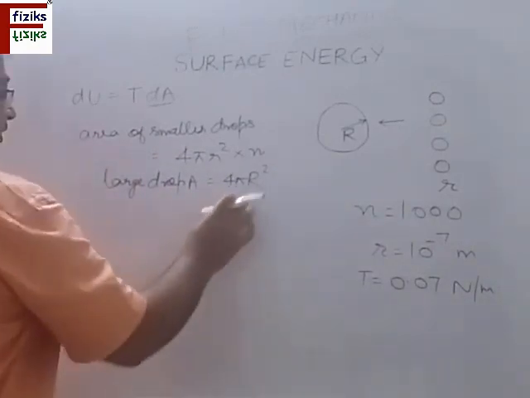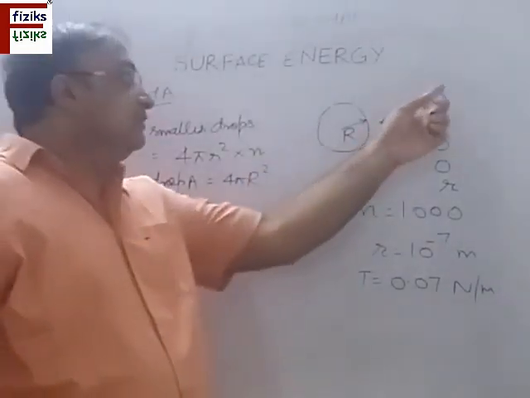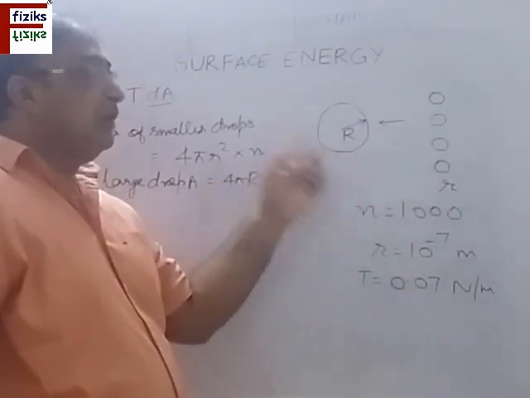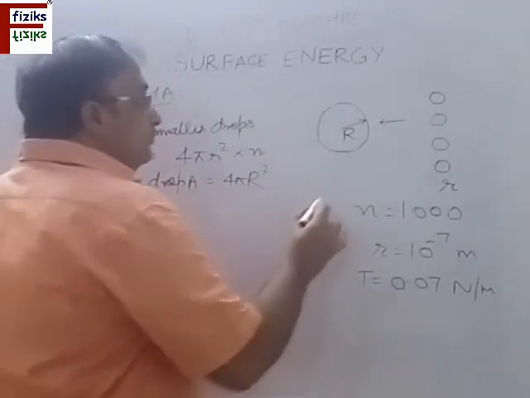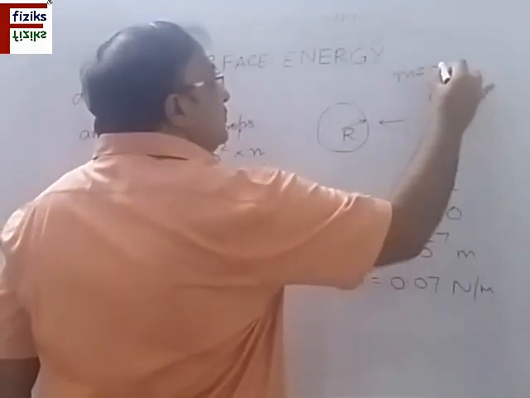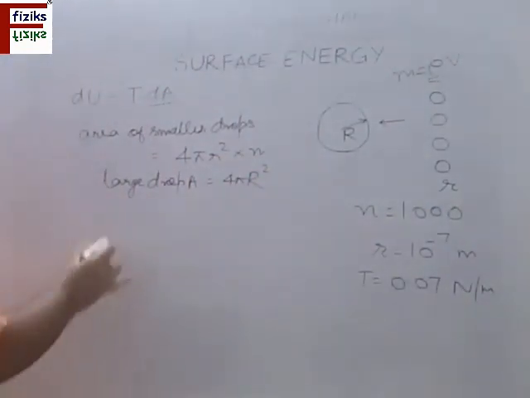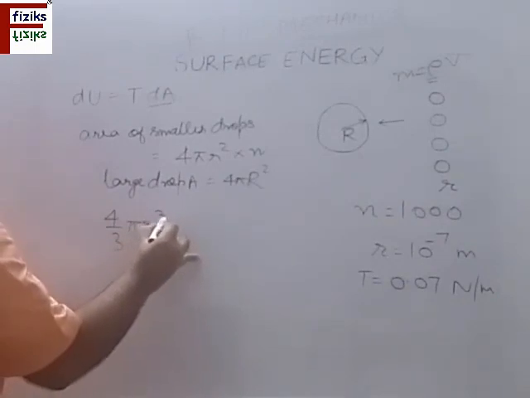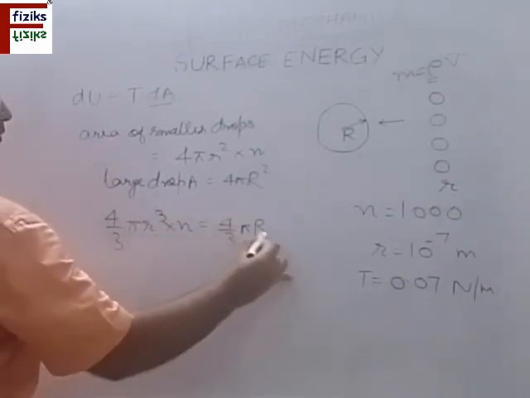First of all, we have to find the radius of the larger drop. Now we know that the mass remains the same. So the mass of these drops is equal to the mass of one drop, and mass is equal to density into volume. Density is the same, so volume remains the same. So I can write 4 by 3 pi r cube into n is 4 by 3 pi into R cube.